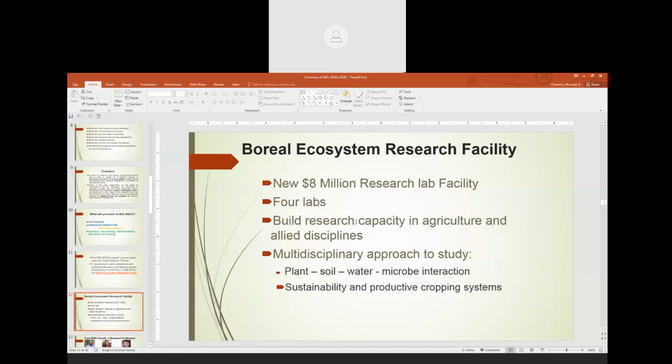Overall it is $8 million: 4 million was spent on this building, and we have purchased more than $4 million of equipment. We can do all kinds of research related to plant, soil, water, microbes, any cropping system, forest, and whatnot, and we have equipment sitting in our lab as well.